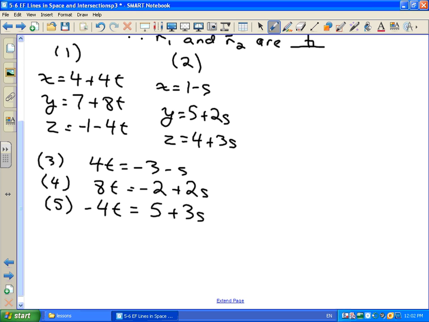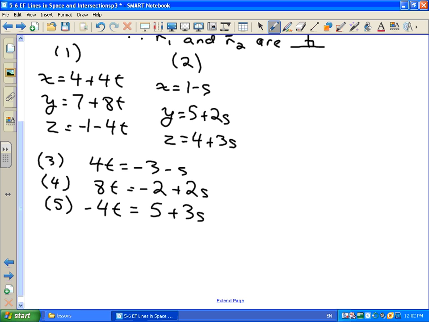We want to pick two of these and solve for s and t. Which two would you pick? The bottom ones. Why the bottom ones? Just add like two 8t's and then just subtract everything else. No, wait. There's an even easier option. The first one and the last one. Yeah, 3 and 5, because here we've got 4t, here we've got -4t. We just have to add those, and those are going to cancel out.